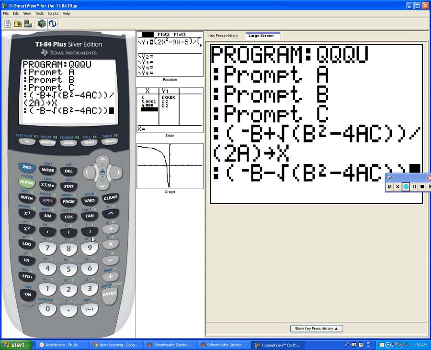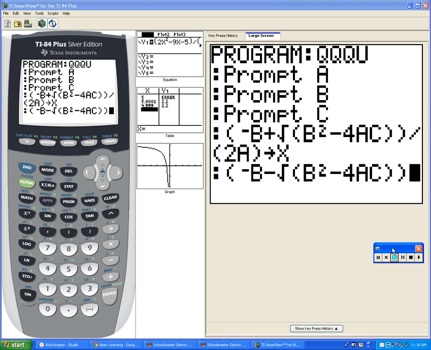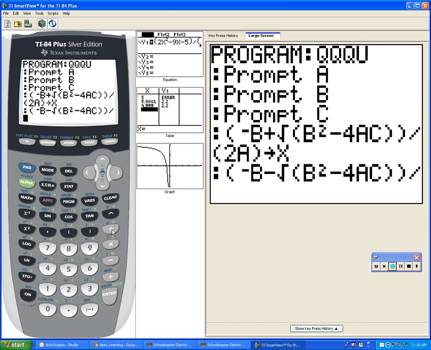Parentheses, parentheses. Divided by, again, don't forget, parentheses, because we want to divide by both the 2 and the a. And I'm going to store that into a different variable. I'm just going to choose y.